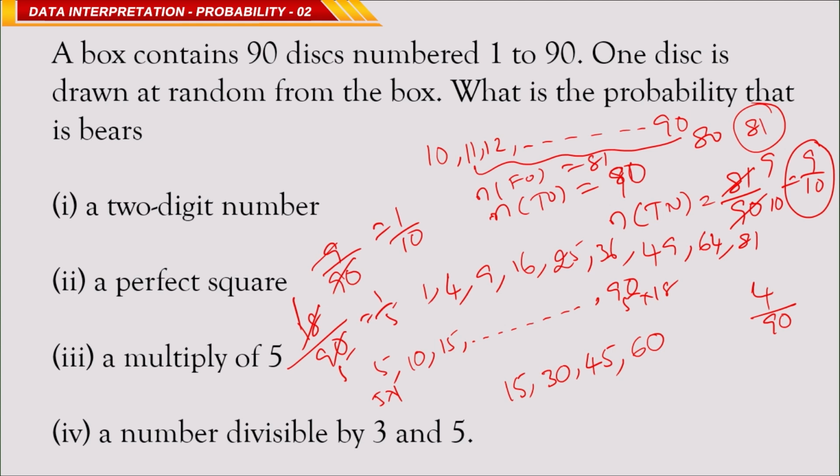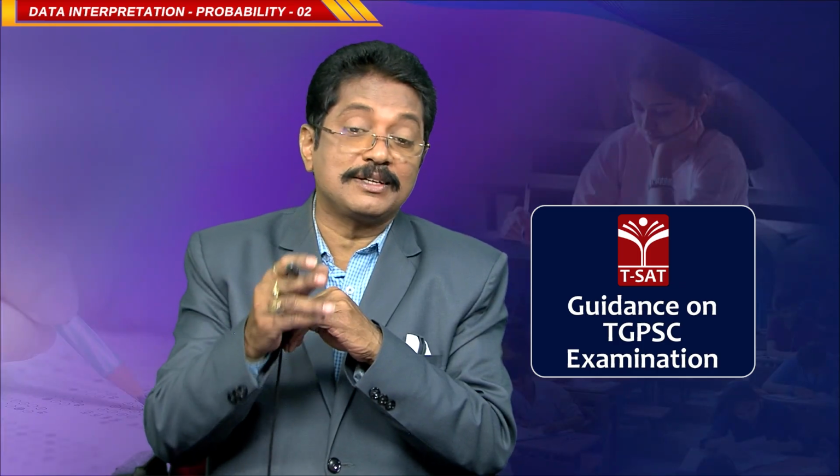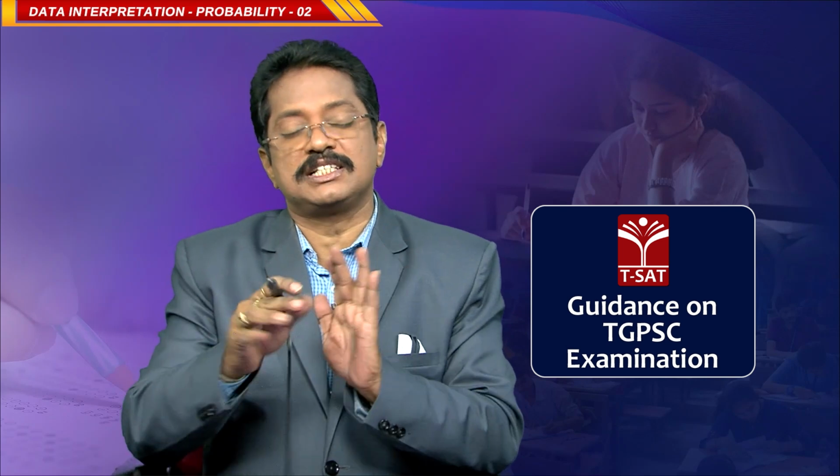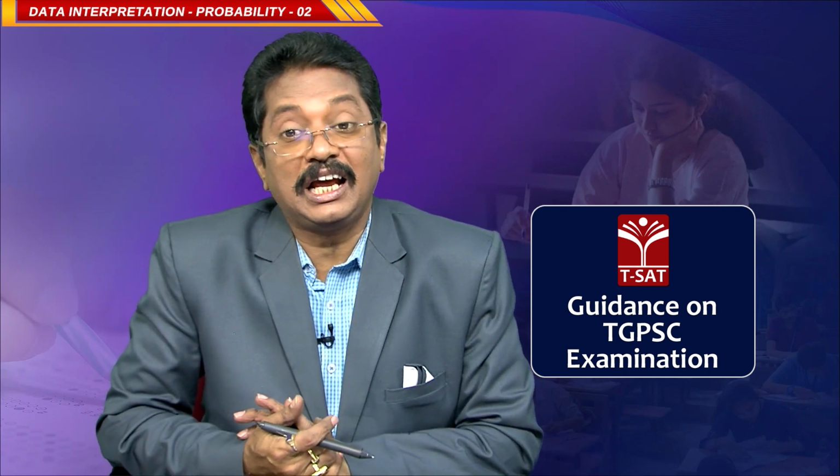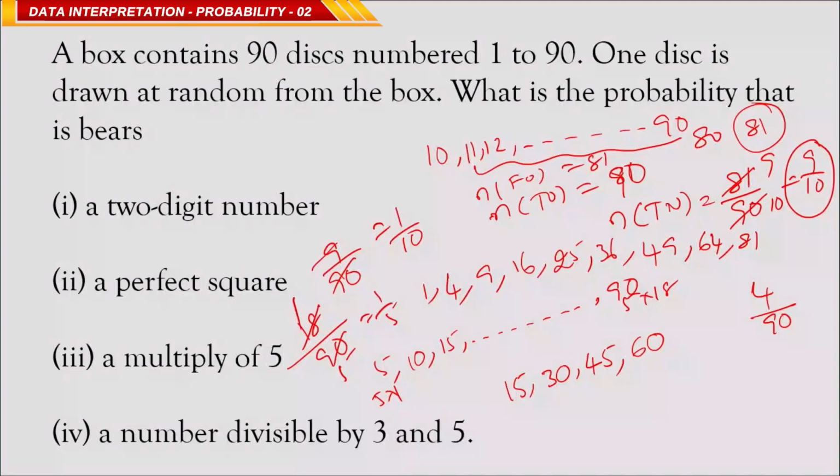If the question is given as numbers which are divisible by 3 or 5, then you have to write the multiples of 3: from 3 to 90 there are 30, and multiples of 5 up to 90 there are 18, totally 48. But there are multiples of both 3 and 5, which is 4. So 48 minus 4 is 44.